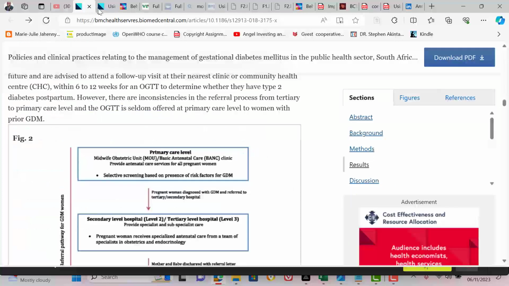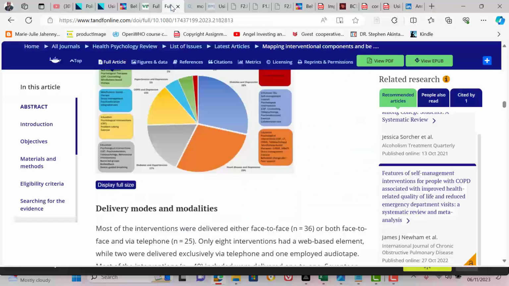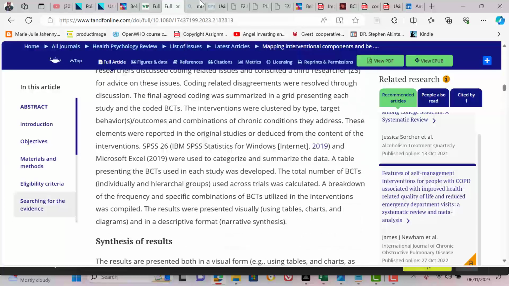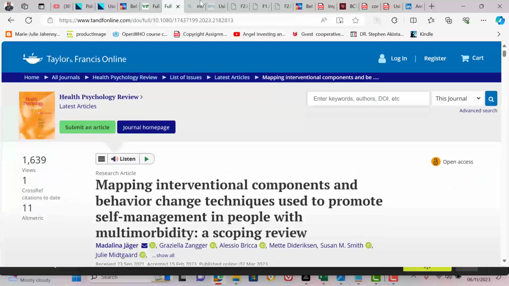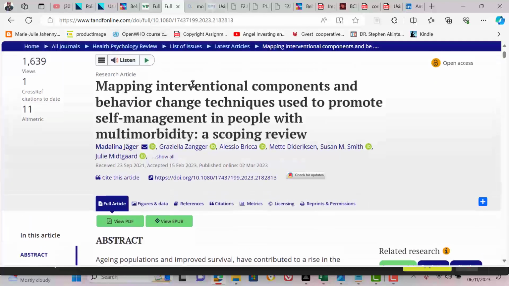Then the next article you need is Mapping Intervention Components and Behavior Change Techniques.